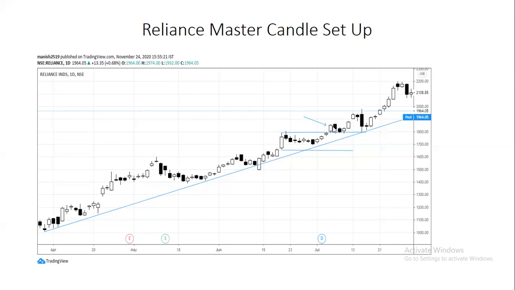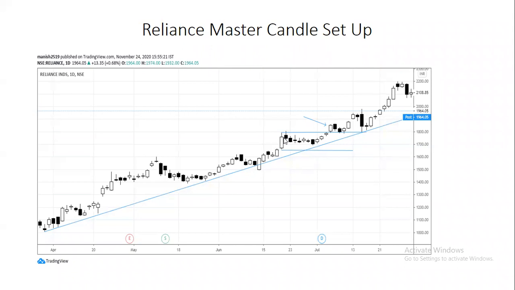Very high chances this trade will work in your favor because this is giving me a long trade and there is already bullish momentum. But if you are getting a short trade, I will say avoid, because a short trade will be against the direction of the trend. So the probability that it will work in your favor will be very low. The smartest thing as a trader we can do is to always trade in the direction of the trend.